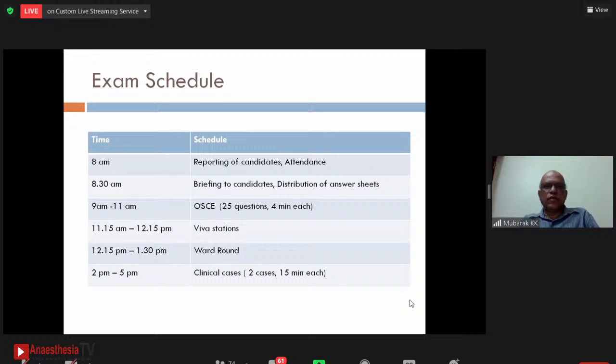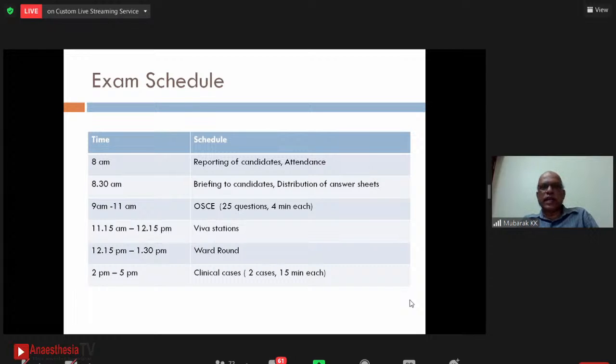Immediately after a tea break of 15 minutes, they will be taken to the Viva stations as done in the previous exams. And after the Viva stations, they will have the ward rounds. That is a new thing added with real patients, but the time duration is only a maximum of 1 to 1.5 hours.